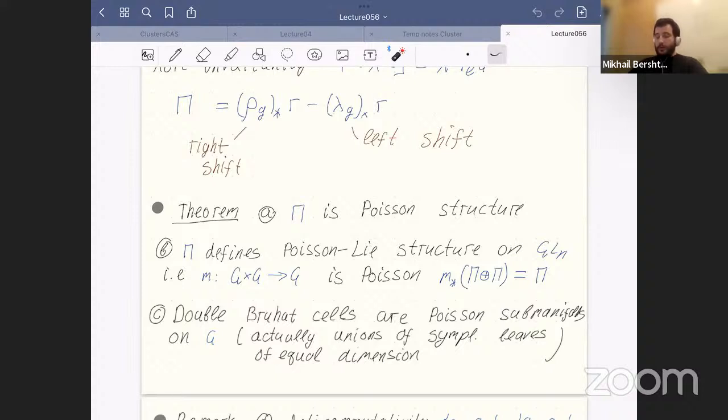In particular, this property means that such an image exists. This map is not an embedding, so if you have two different points in G times G which go to the same G, then these images of pi plus pi coincide.